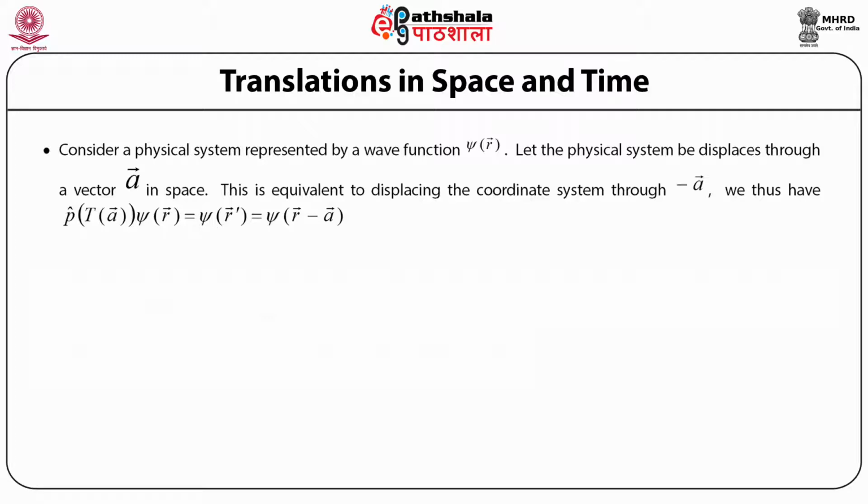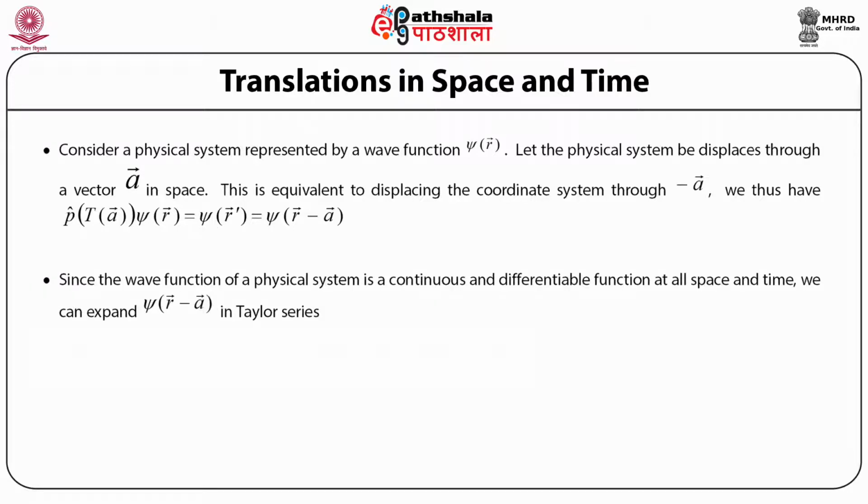It takes us to the wave function at the point r prime, which is psi of r minus a. So P hat T of a means a translation in space by an amount of vector a, acting on psi, takes us to psi evaluated at the point r minus a.